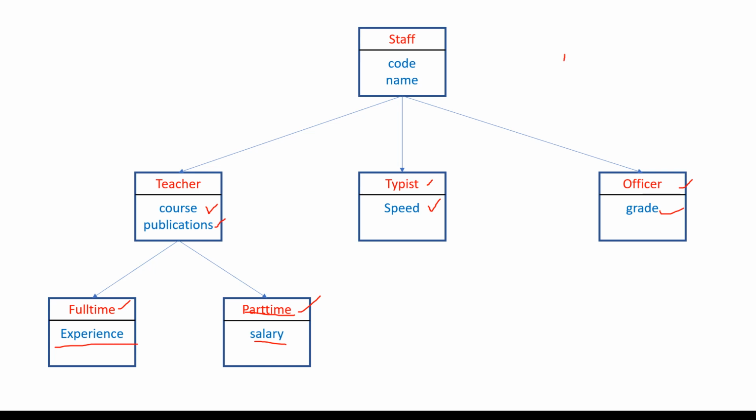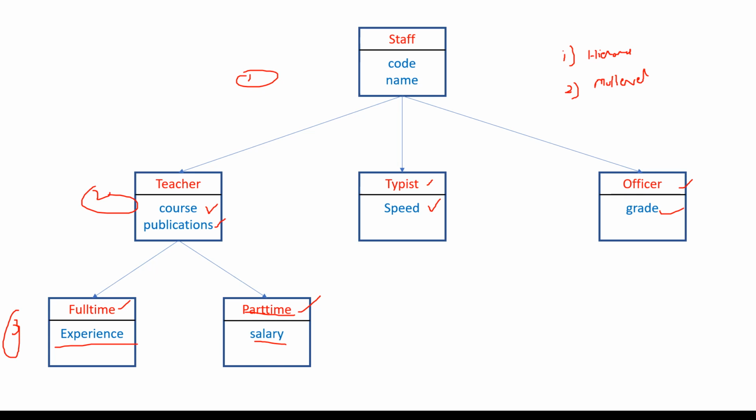Now you can see that the first type of inheritance is hierarchical inheritance. Then one more inheritance is involved, that is multi-level inheritance. So you can see this is the first level, this is the second level, and this is the third level.